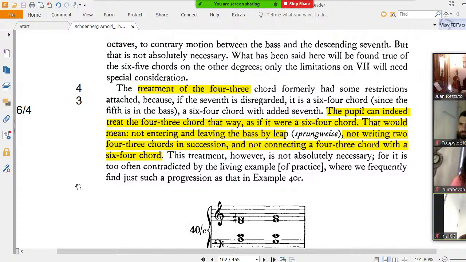Why does he say that? Why do you think he's very specific in that, in a 6-4 chord? It has to do with the function.